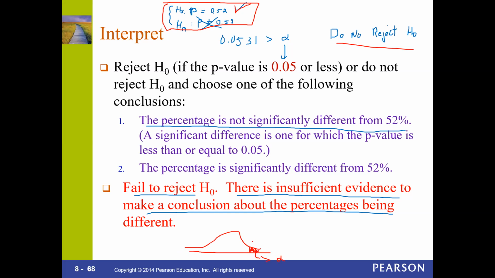If your p-value is bigger than alpha, it helps you decide whether to reject. If your p-value falls here, in the reject region, you have to reject. If your p-value falls in front, you do not reject.